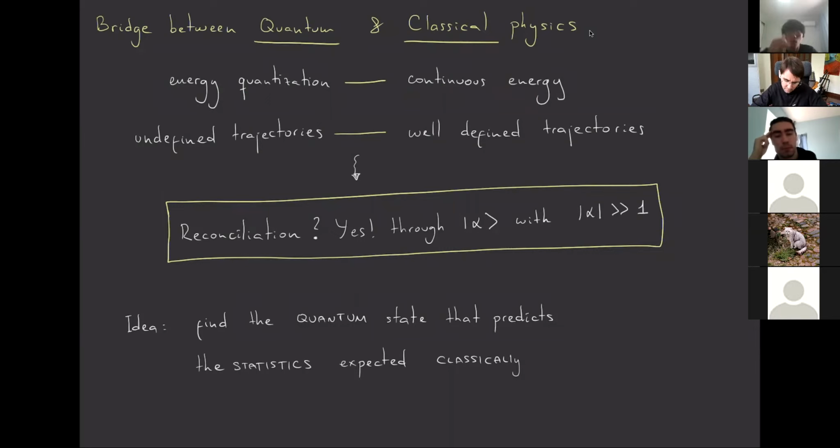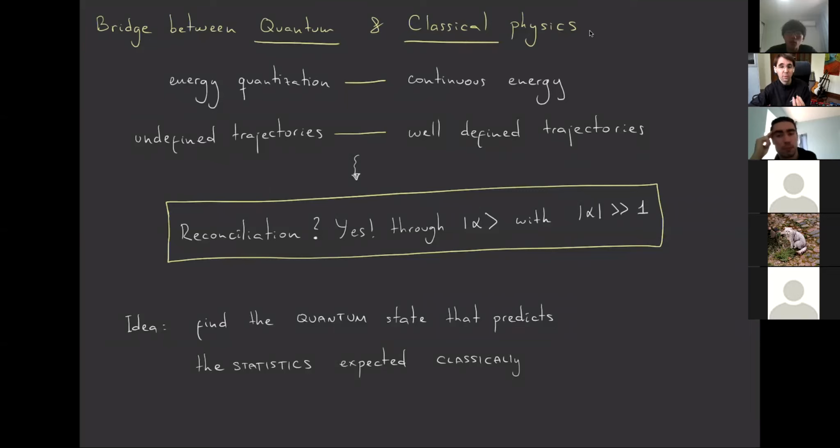What happens? Well, we saw that actually there is a reconciliation, through coherent states with large amplitude. The reason is the following: when we say, let's go to the classical limit, in quantum mechanics, what this means is that we want to find a state of our system that predicts in an experiment the statistics that we would expect classically.